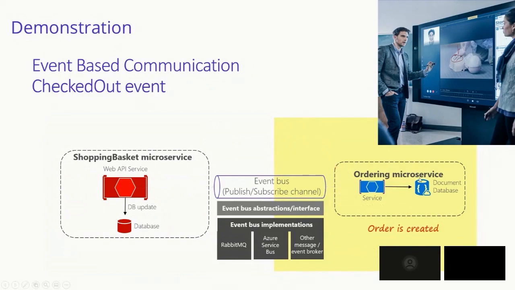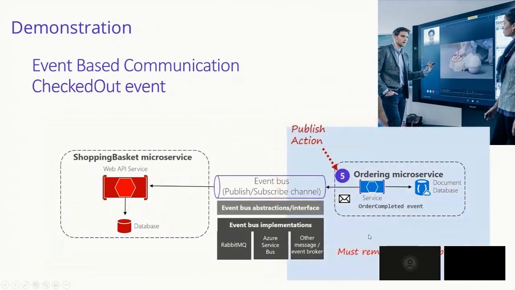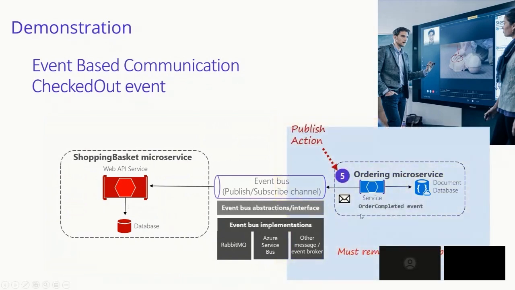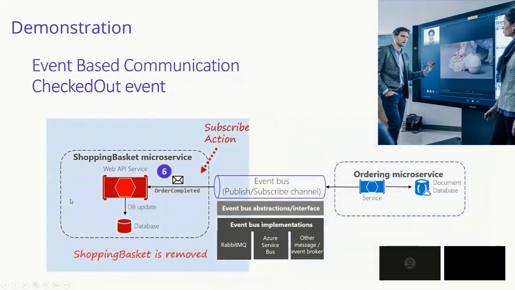Then it creates an order completed event when it's done. So again, it receives the order, creates the order, and publishes an order completed event back to the event bus, and maybe the shopping basket service subscribes to the order completed event, grabs it out, and at that point, it cleans up the underlying shopping basket. So you can kind of see the little dance that goes on here.